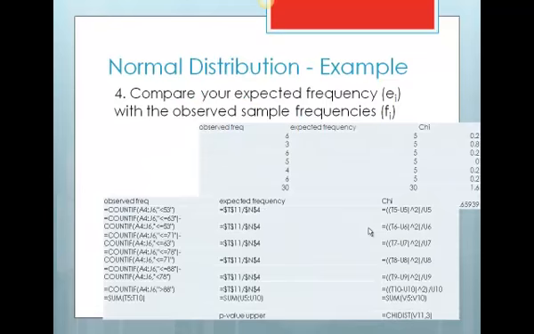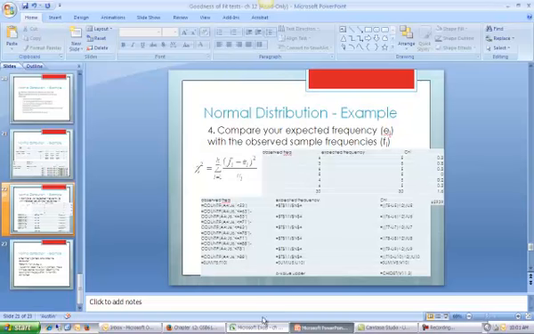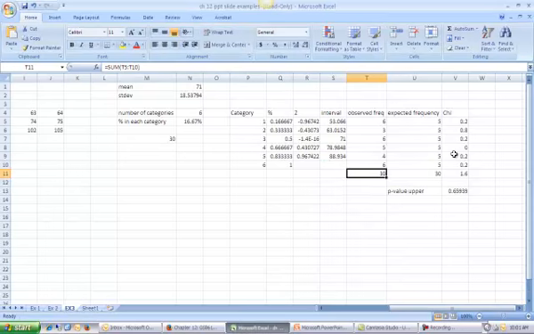Next step is to calculate your chi-square statistic. Okay, chi-square statistic is the sum of all of the differences between what you observed minus what you expected, squared, divided by what you expected. So same formula we've been using all along. So I'll go back to my Excel.